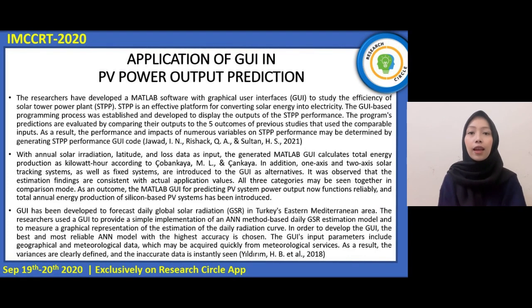The researcher discovered that the program could also compute and indicate the MSE and MAPE of the prediction of the GUI. The researchers have developed a MATLAB software with GUI to study the efficiency of a solar tower power plant (STPP). STPP is an effective platform for converting solar energy into electricity.